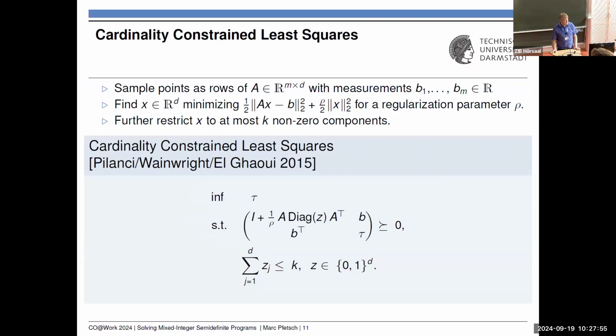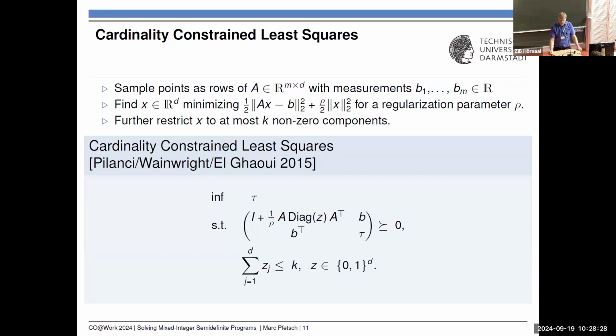The first is cardinality constrained least squares. It's a regression problem where we want to minimize this regression term, the Euclidean norm of Ax minus a vector b. b is measurements, x are your design variables, and we want to regularize them. So we add the squared Euclidean norm of x, and we have a cardinality constraint: at most k of the components of x should be non-zero.